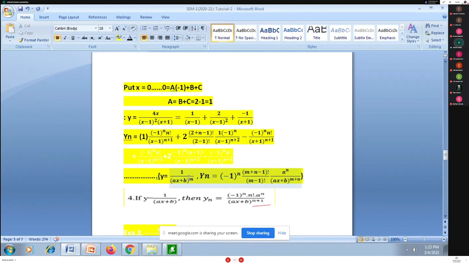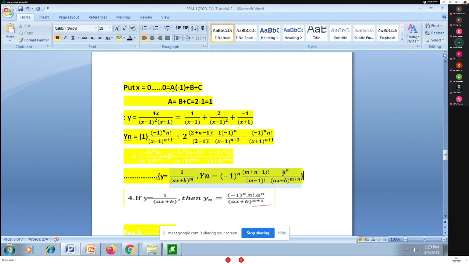So whenever I have to apply formula 1 upon (x plus b) raised to m, here you are having m is equal to 2. So I am just substituting m is equal to 2, so I am getting minus 1 raised to n into (2 plus n minus 1) factorial upon (m minus 1) factorial, that is (2 minus 1) factorial. X minus 1 is having a is equal to 1 and b is equal to minus 1 as I'm comparing it with ax plus b.